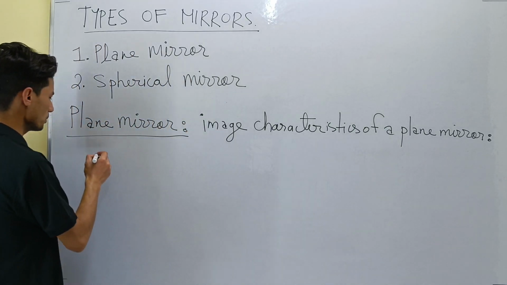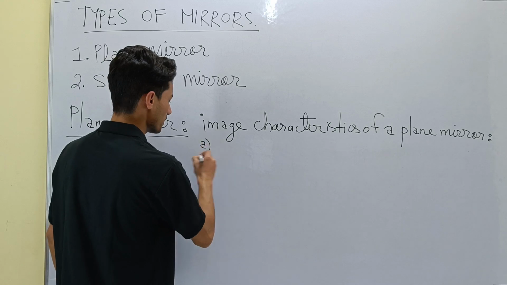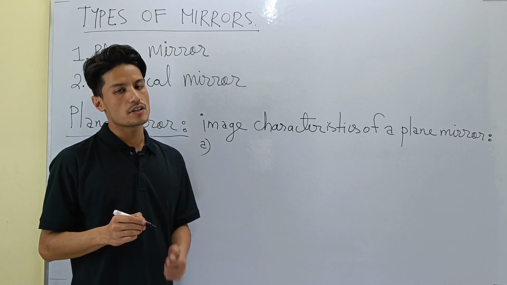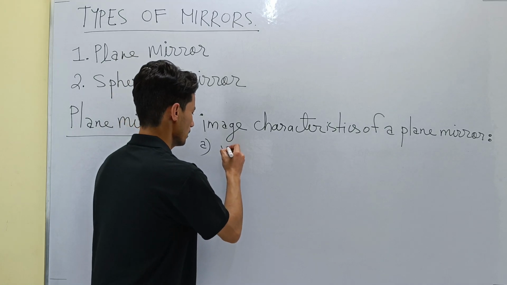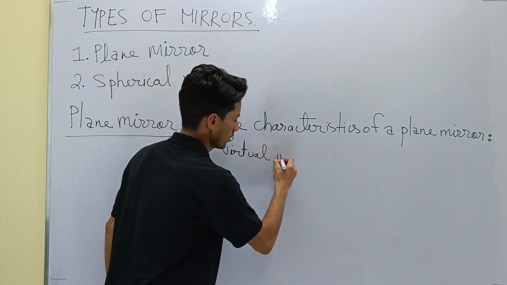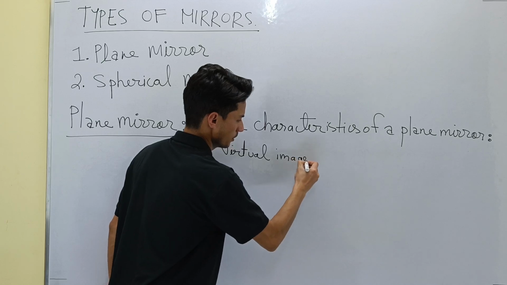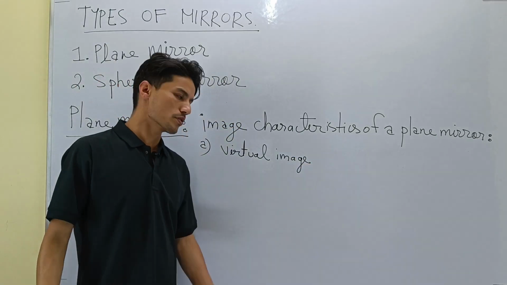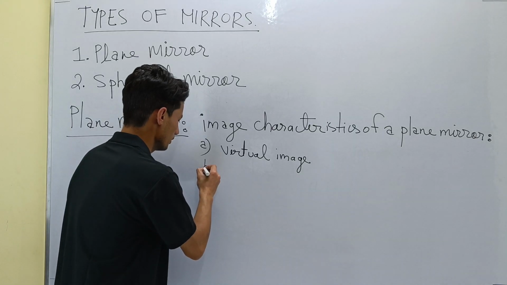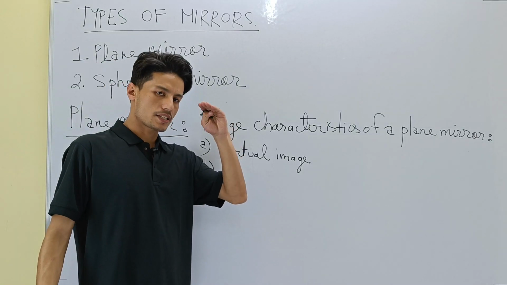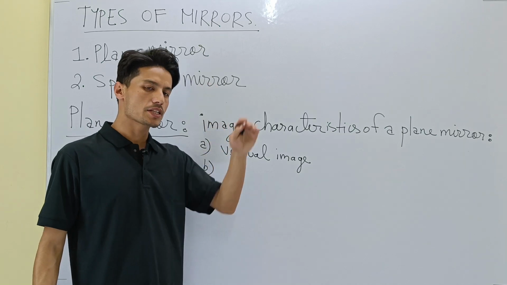The first thing that you need to know about the image characteristics of a plane mirror is that a plane mirror produces a virtual image. I will tell you what a virtual image is very soon. Then in a plane mirror, the object height and the image height are the same.